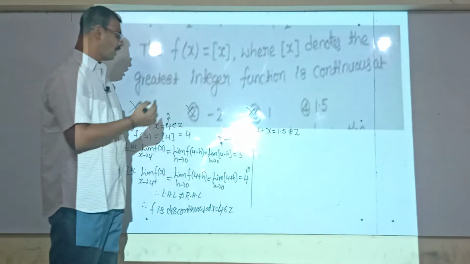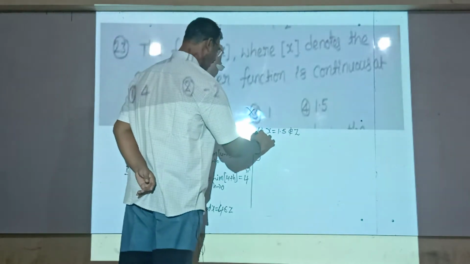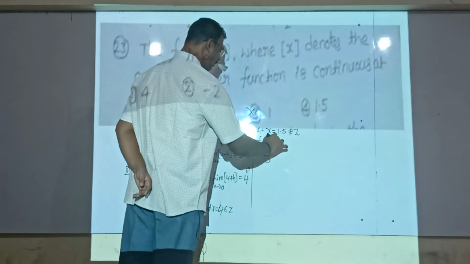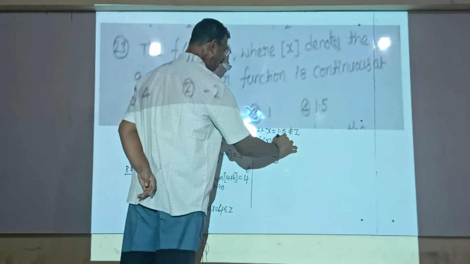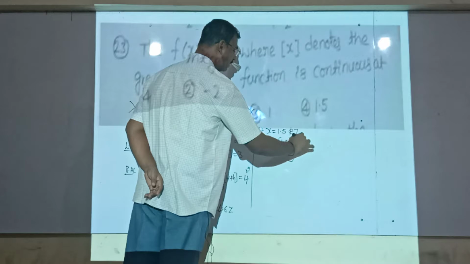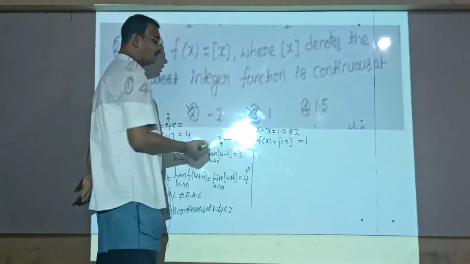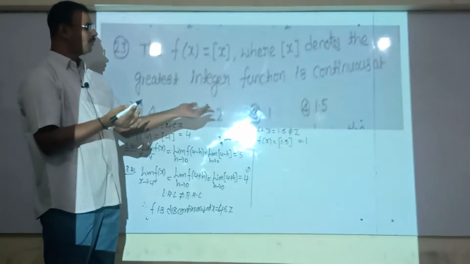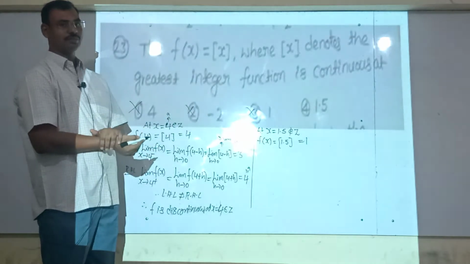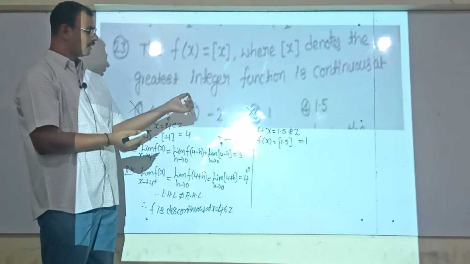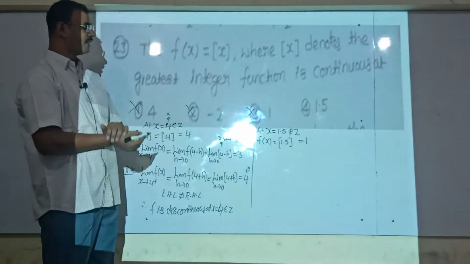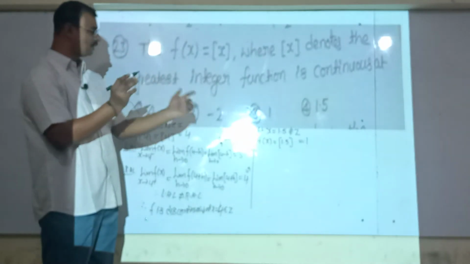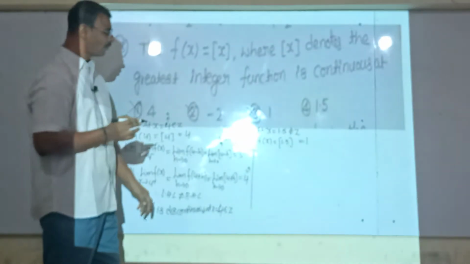Now I have to follow it step by step. f of x equals the greatest integer of 1.5. We know this is 1, since 1.5 lies between 1 and 2, and the smaller number is 1. So the greatest integer is 1.